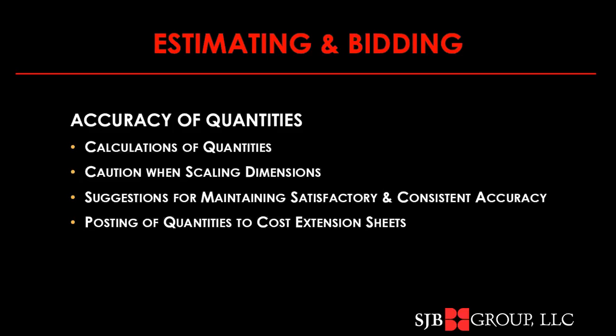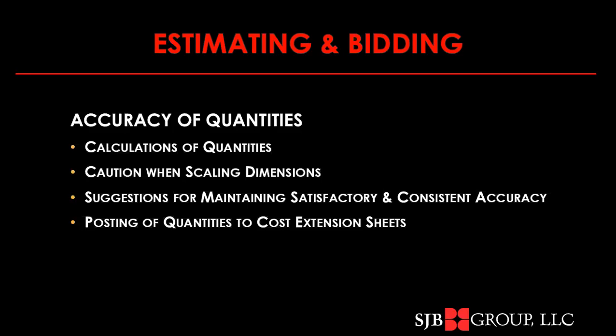We want to write enough description for positive identification, but we need to learn and use standard abbreviations and symbols. We need to remember to make all figures legible and stay within our column lines.